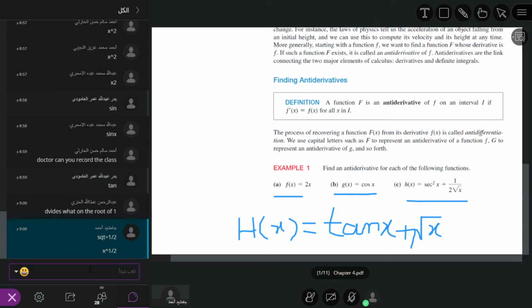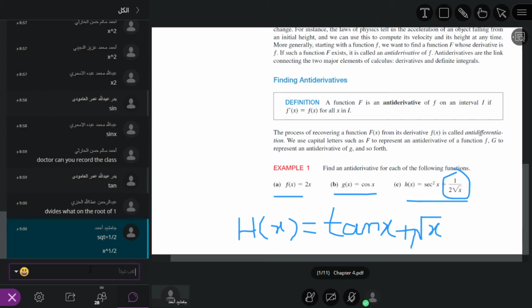So if we take the derivative of x power 1 over 2, according to the rule, 1 over 2 comes to the front, and we decrease 1 in the power. So 1 over 2 minus 1, so I shall get the following. It means 1 over 2 times the square root of x.